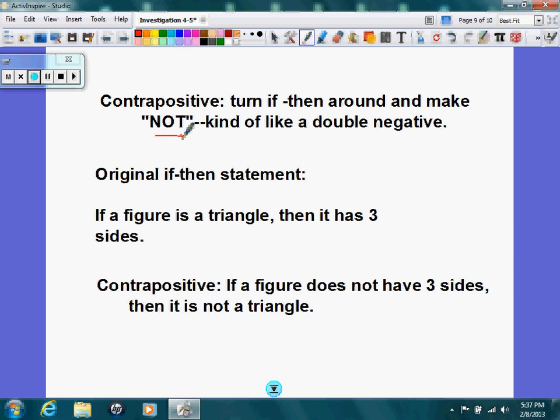So the contrapositive would be if a figure does not have three sides, then it is not a triangle. Triangle was stated first, and in the contrapositive it is stated last and has the word not ahead of it.